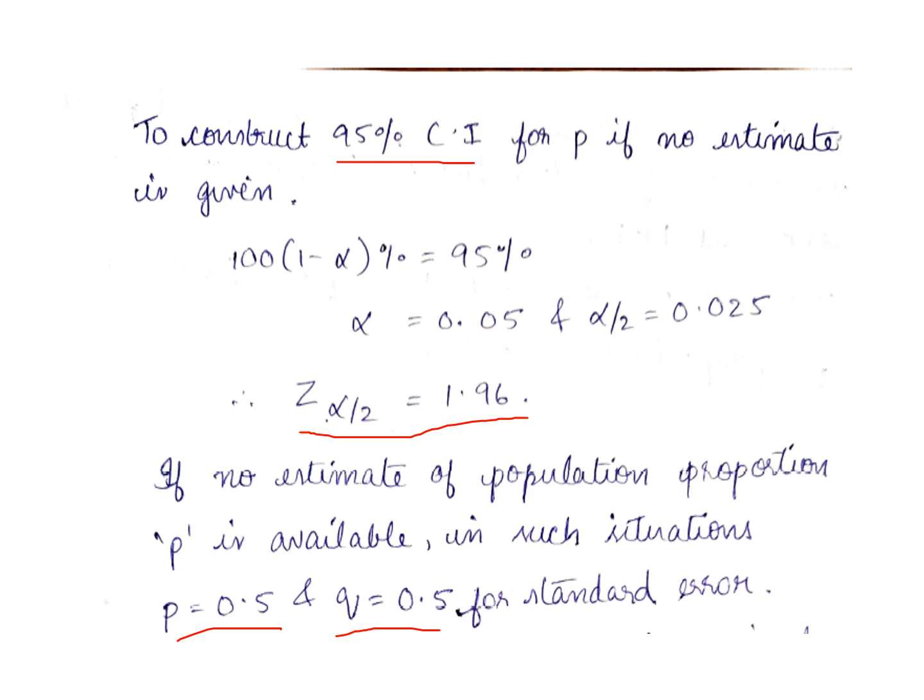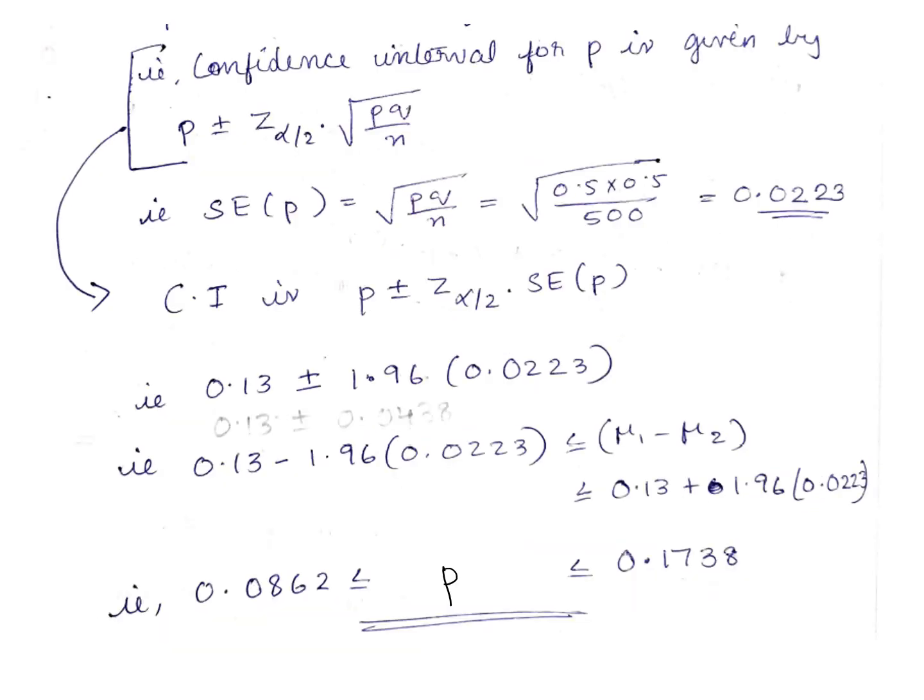Based on that, we have to calculate the confidence interval for P, and it is given by small p plus or minus Z alpha by 2 into square root of PQ by n. Substituting the value of square root of PQ by n, that is 0.5 into 0.5 divided by 500. After obtaining the result, we have to take the square root. It should be equal to 0.0223.